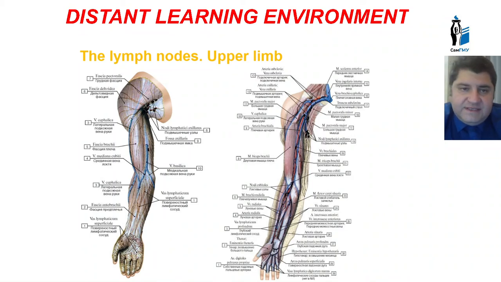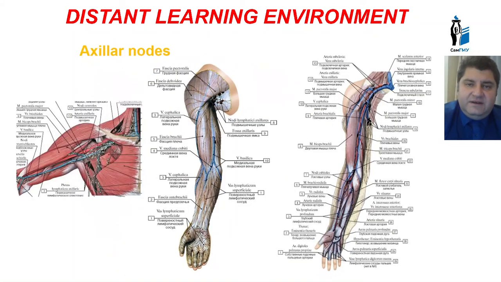You can see the axillary lymphatic nodes, which also divide into some groups: apical, anterior, posterior, medial, lateral, and central. Six main groups of lymphatic nodes of the axillary fossa.